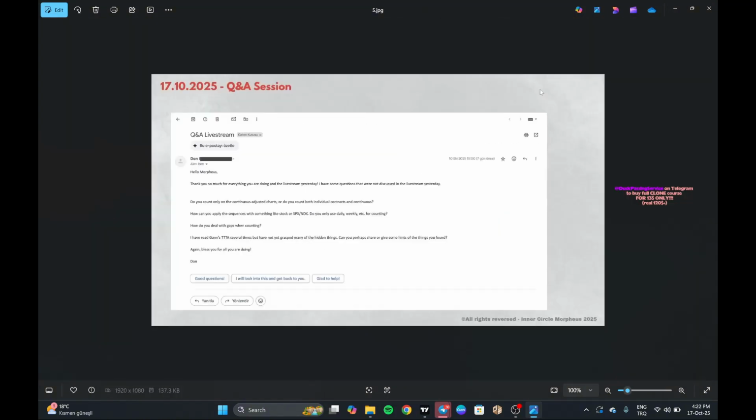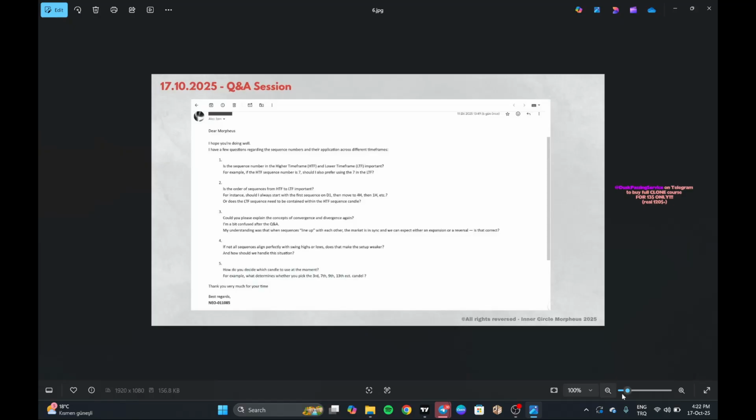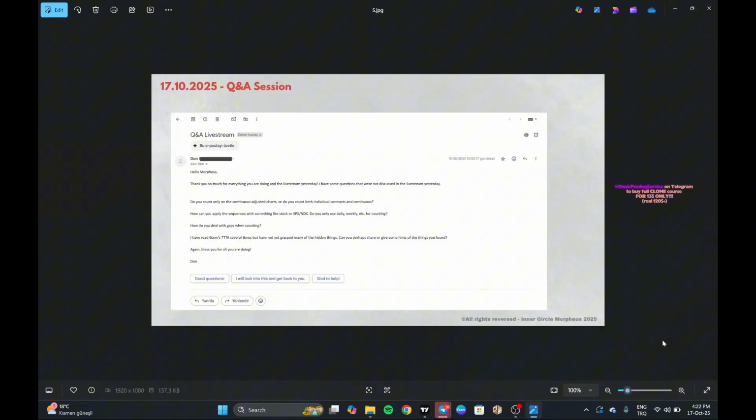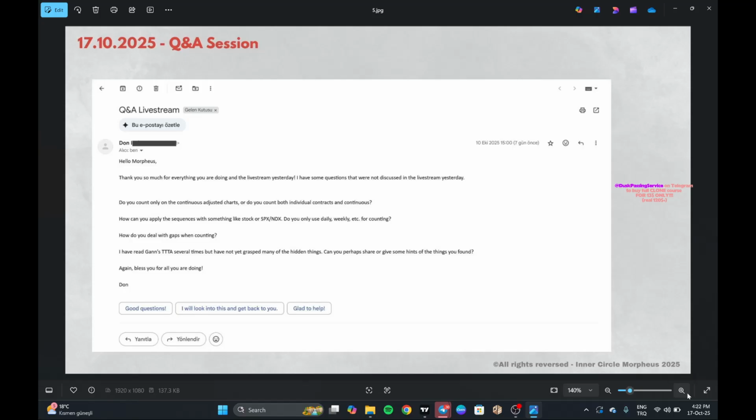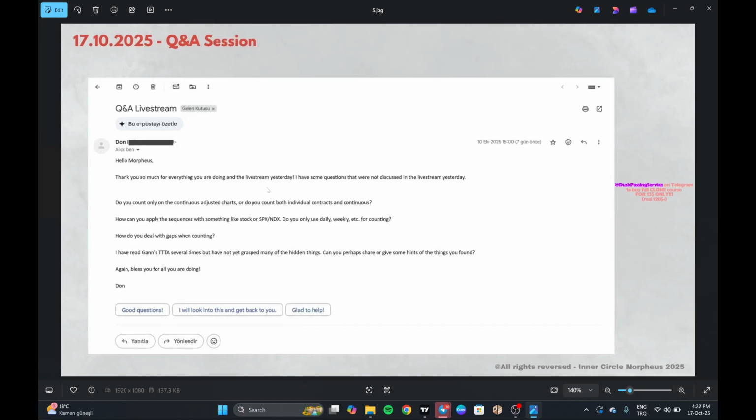So let's check this question. Okay, do you count only on the continuous adjusted charts, or do you count both individual contracts and continuous?